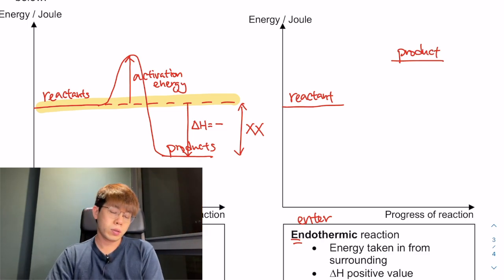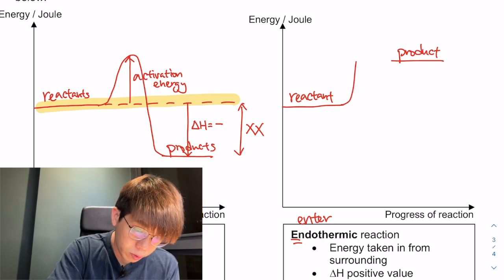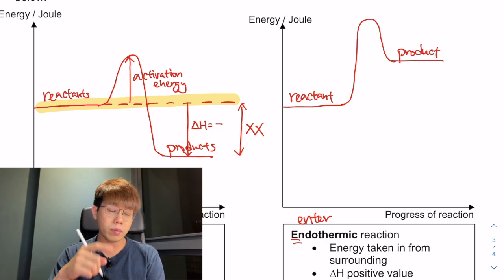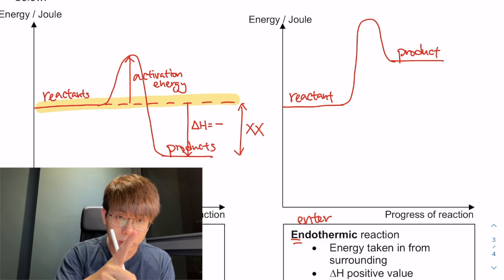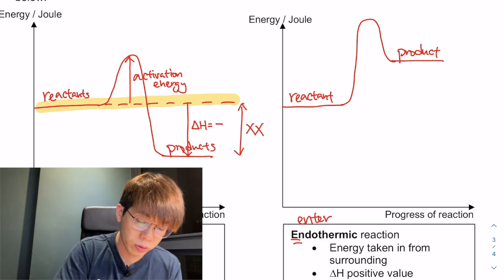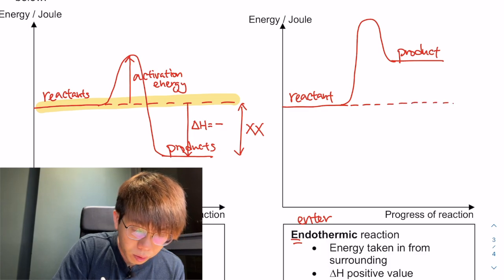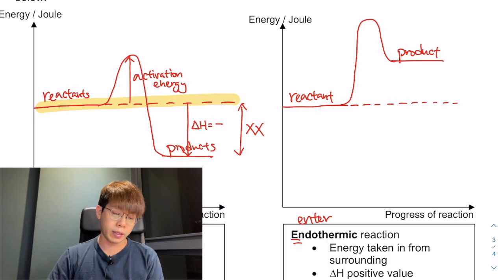Then I draw a hump again. The hump will look like this, slightly different. Now remember, only one dotted line and two arrows. The dotted line always starts from the reactants, and all arrows start from the dotted line.